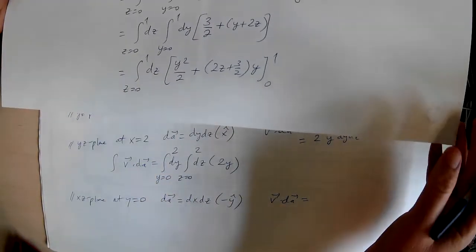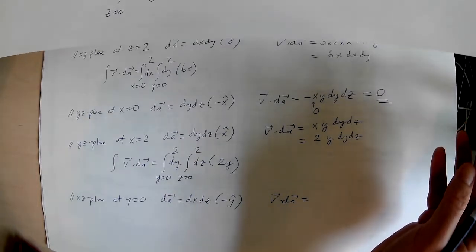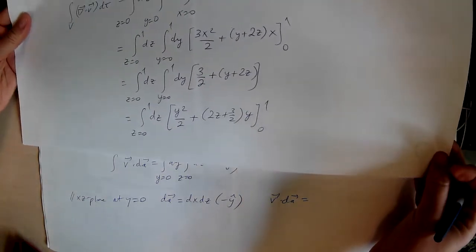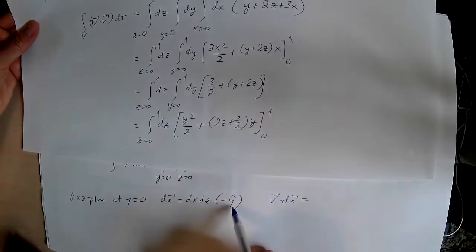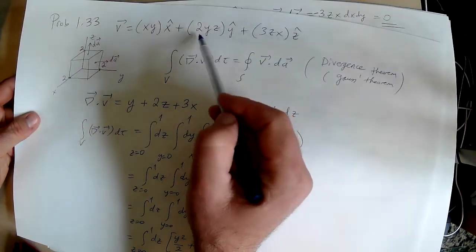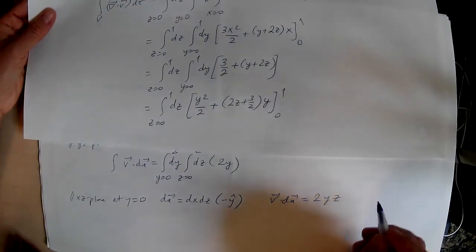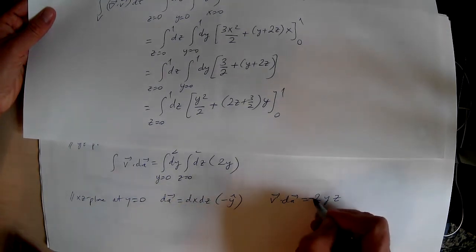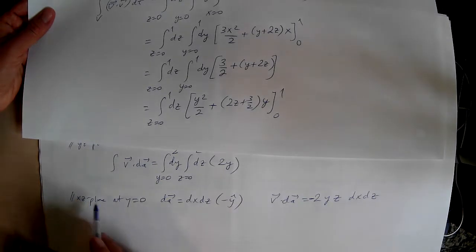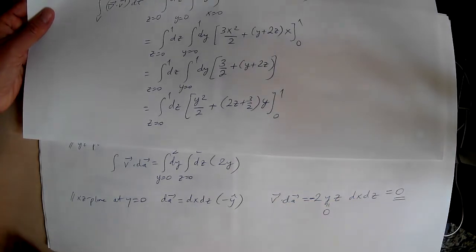Oh, I noticed a mistake. Maybe not. No, it's good. So I look at the y component, which is 2yz, right? So I have 2yz with a negative sign, dx dz. Well, this is xz plane at y equals 0. So this y is 0, so it's going to give me 0, right?